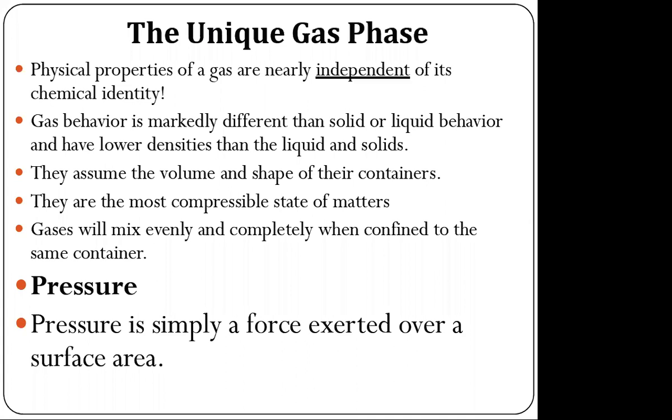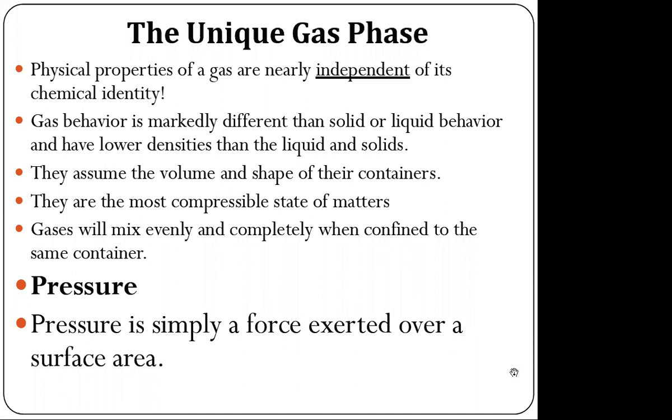The compression is as a result of the closing up of the distances between their particles. So when you apply pressure, the distance that exists between the particles is reduced, and as a result you have compression.